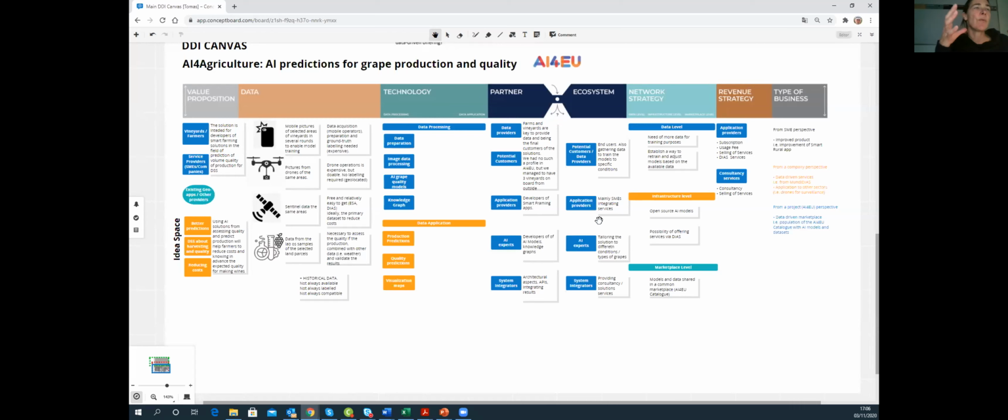And then what you observe is that at the end of the day, you see in the middle, a little bit between partner and ecosystem, we call it the eye of the needle. So basically, when you're starting the analysis, you try to be very, very focused in order to understand the demand side. So all the network effects, the type of business, the stakeholder, because you only want to have a very small focused offering, which you analyze and which you bring forward.